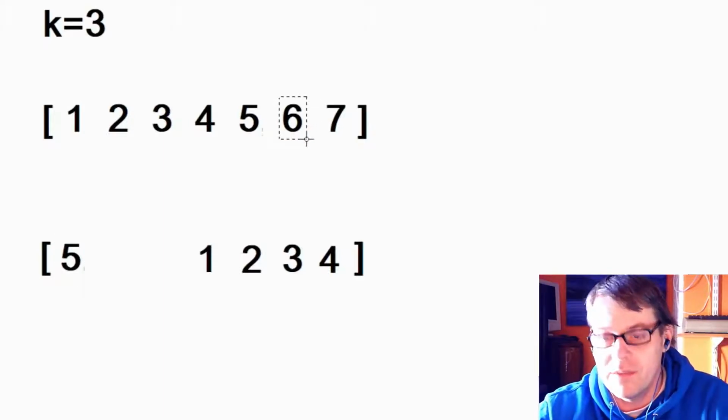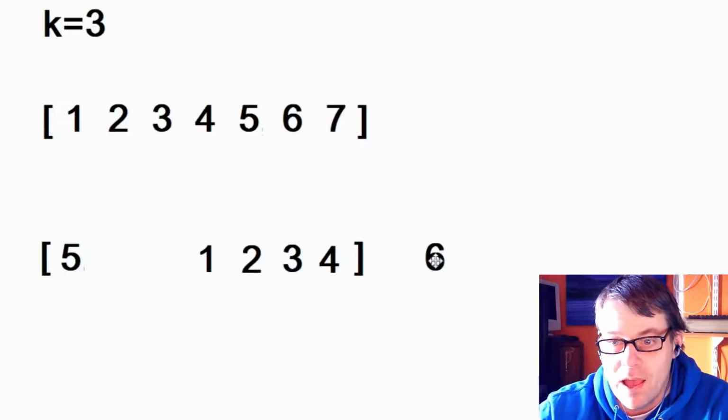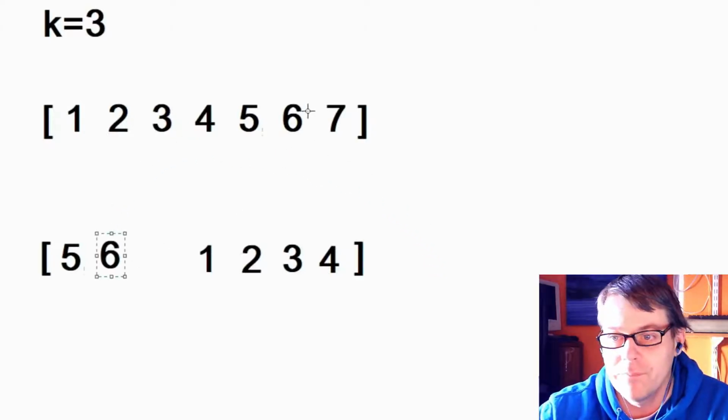So then the 6, we're currently at index position 5, because remember we index from 0 in an array. So 5 plus 3 would be position 8. 8 mod 7 would be 1, so that goes back into position 1.